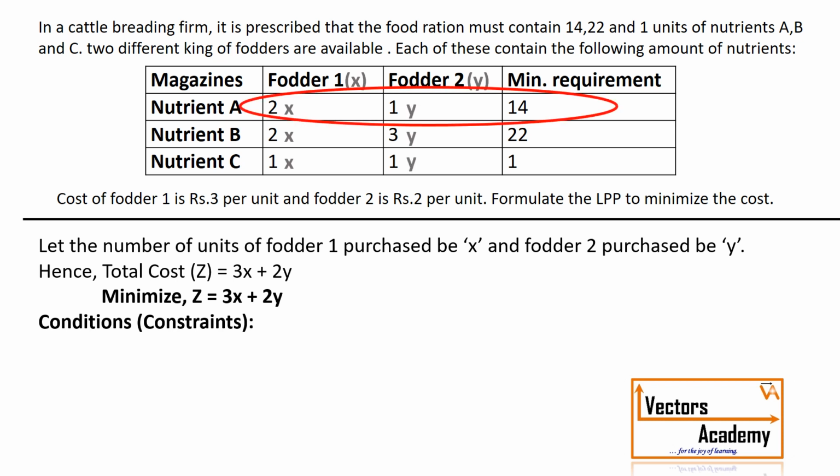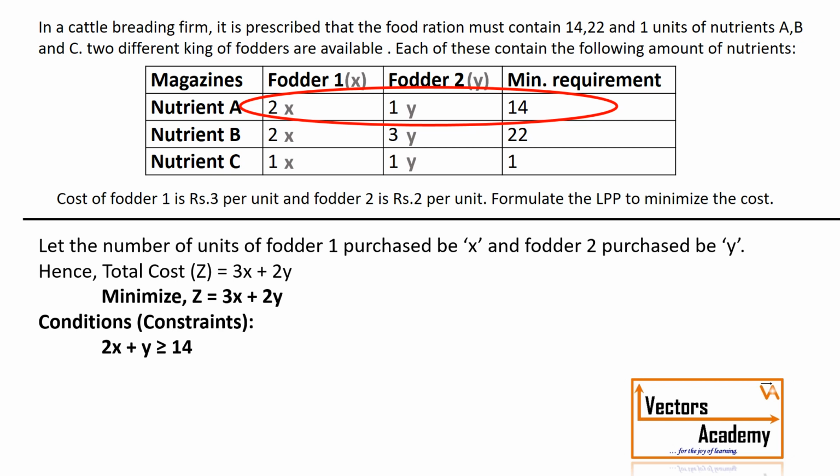Minimum requirement of nutrient A is 14. Now we cannot give the cattle less than 14 units of nutrient A, right? Because if we give less, the cattle might fall ill or it might die. So either we have to give more or at least 14 units. So here the inequation sign will be greater than or equal to.